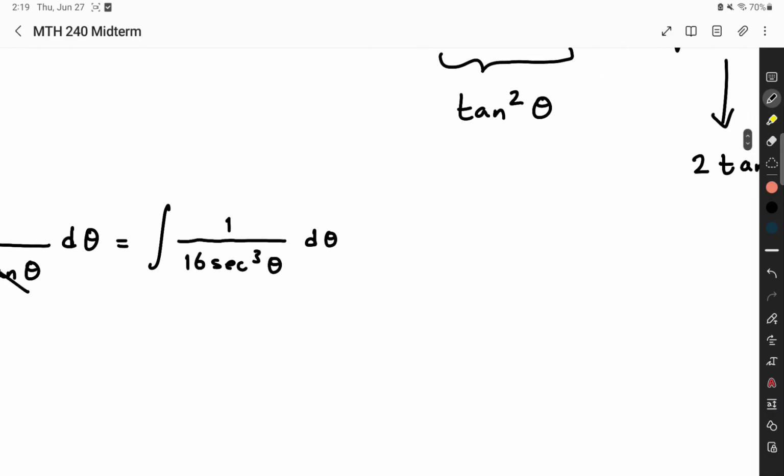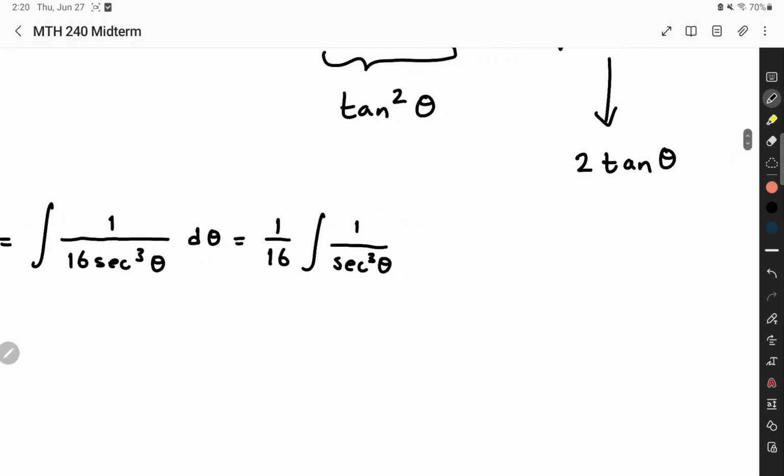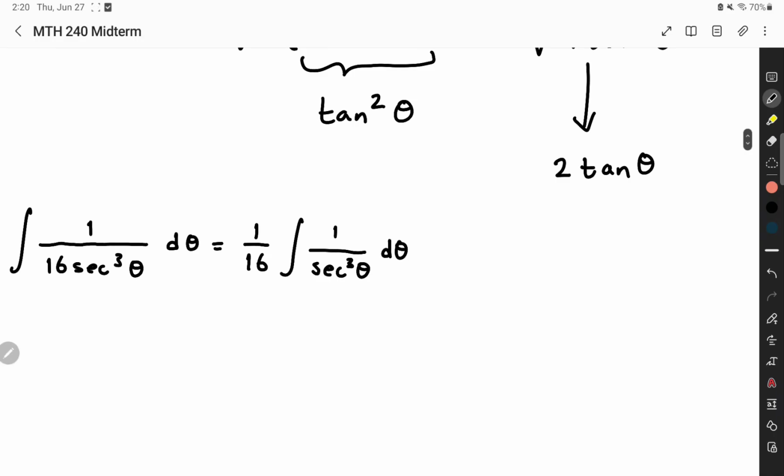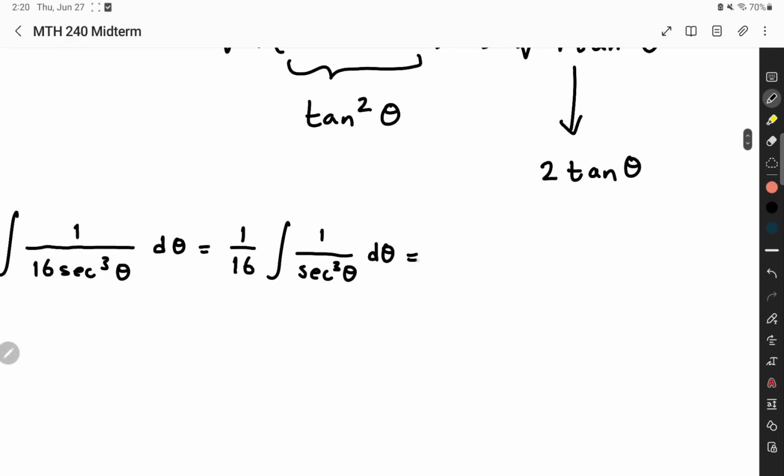And so we can see that there's a 1 over 16 in this, so we can take the constant out, and that leaves us with just 1 over secant cubed theta d theta. Now, a basic trigonometric identity that we learn is that 1 over secant is equal to cos. So we can rewrite this now as 1 over 16 and the integral of cos cubed theta d theta.